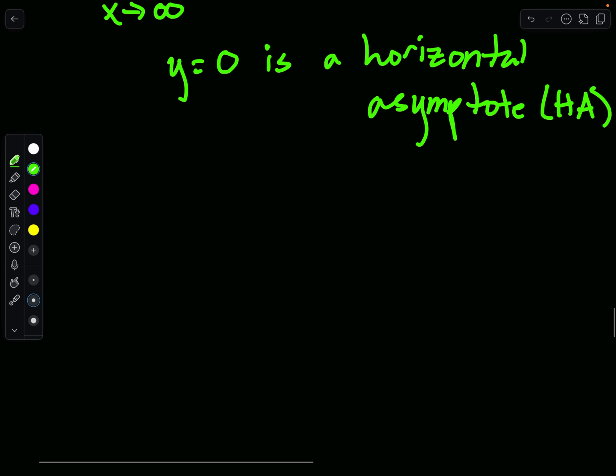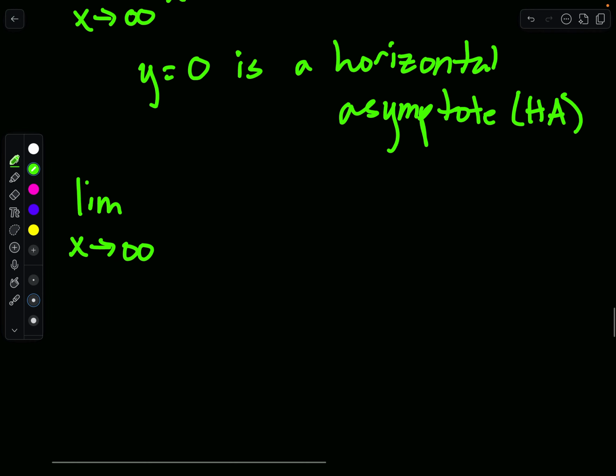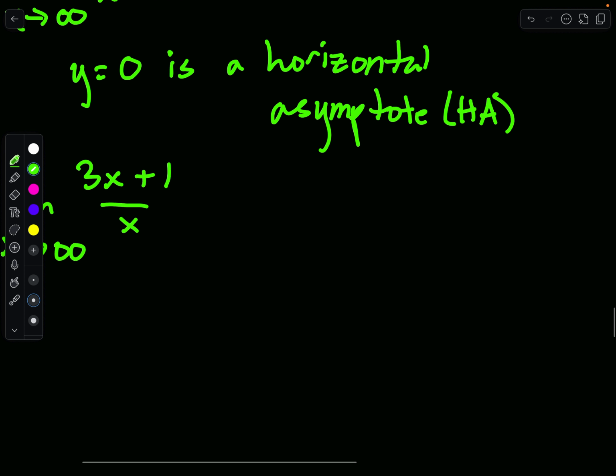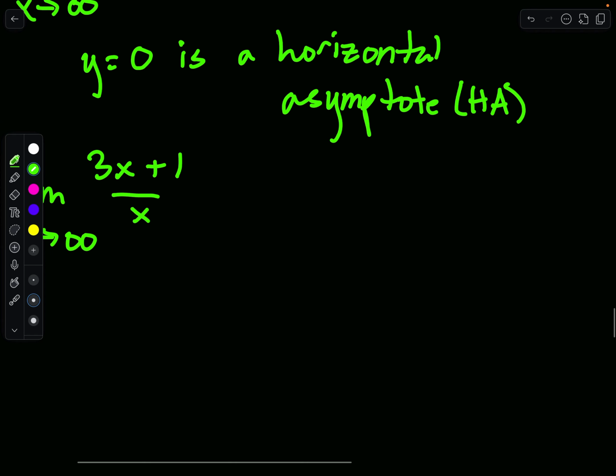Now another example, limit as x goes to infinity of (3x plus 1) over x. We can see here that if we divide the numerator and denominator by x, we get (3 plus 1 over x) over 1.